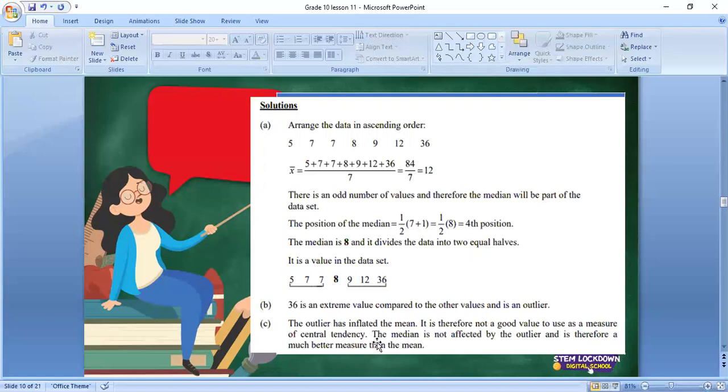Only the mean is inflated by the outlier. So in this situation, our measure of central tendency is the median. The mean here is 12, the median is 8. We are saying the mean of 12 is an inflated value due to the outlier, so the median is a better average.